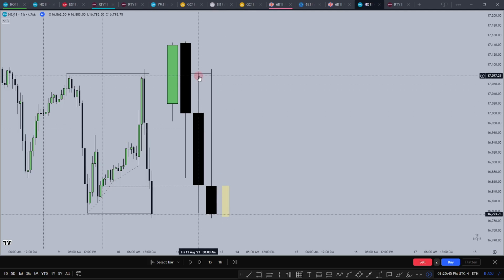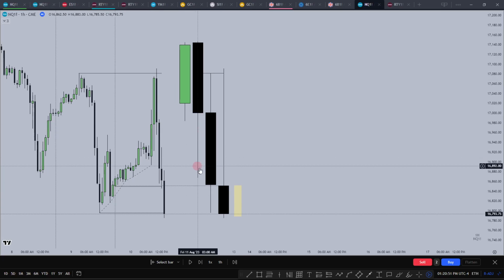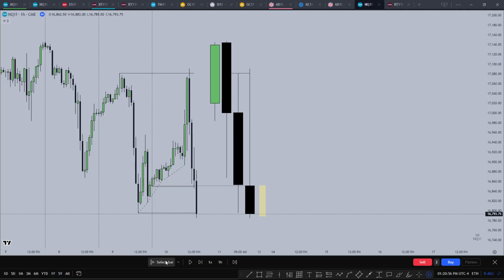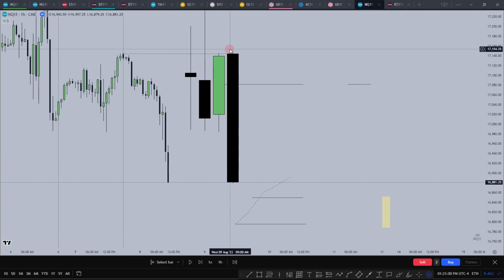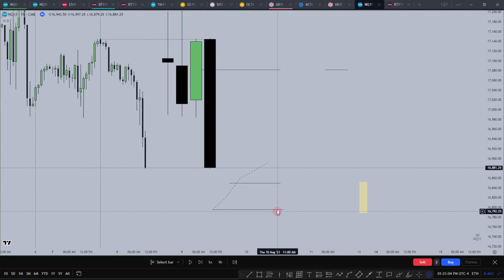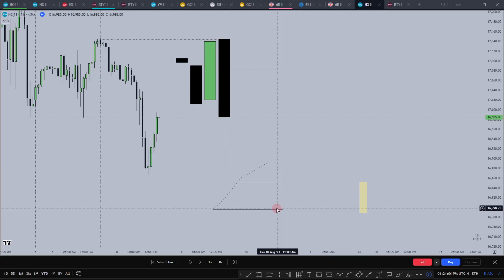See, the candles which have less wick compared to this candle formed much more of a candle body. This formed its body till here, then came all the way back up. This candle, if I replay, see, small wick, so it forms much of a body. This candle being large wick, so it forms less body.